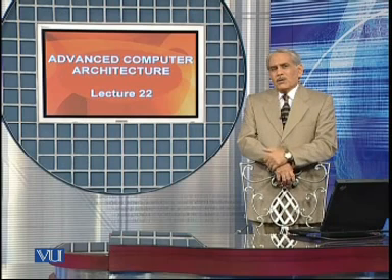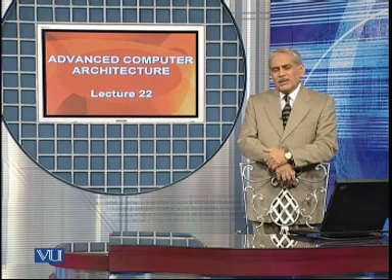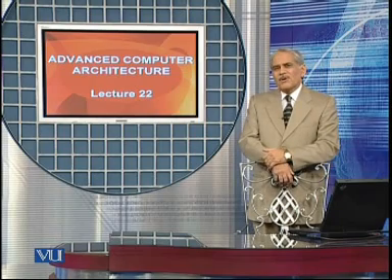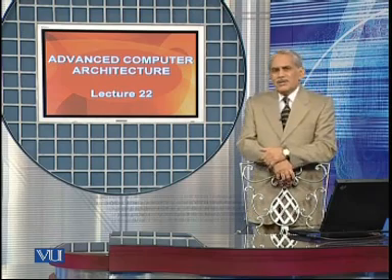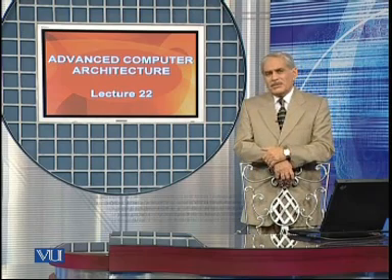Today, we will continue our discussion on instruction level parallelism. After a brief recap of what we discussed last time, I will discuss some techniques to eliminate computations for dependence.